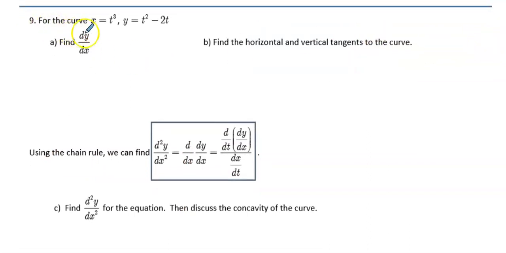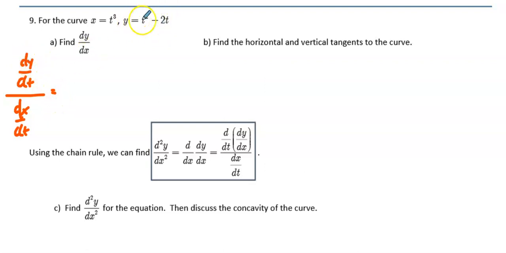It says for the curve x equals t cubed and for the function y equals t squared minus 2t, we want to find this derivative, and then we want to find horizontal and vertical tangents to this curve. Well, what we're going to do is write dy over dt and then dx over dt. You don't have to write this on your paper, but this is just to make sure that you understand what we're doing here.